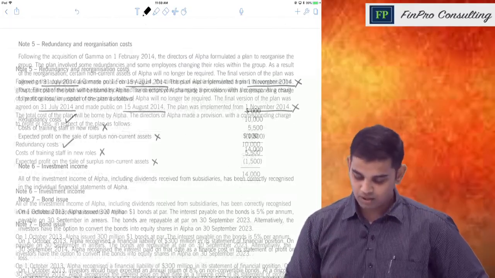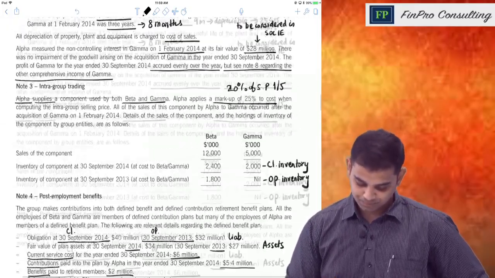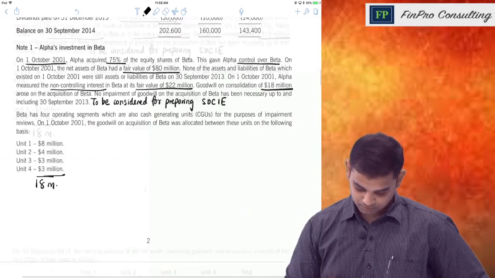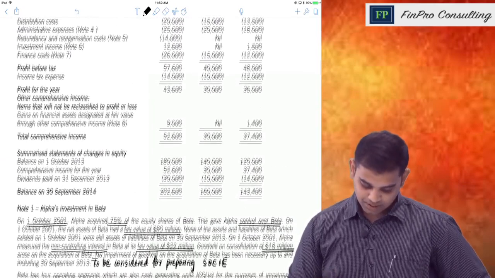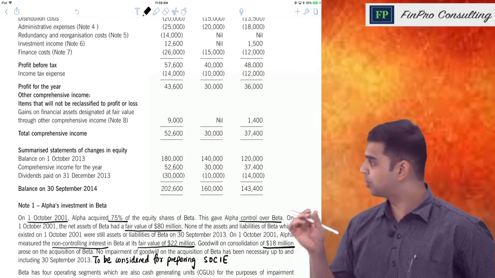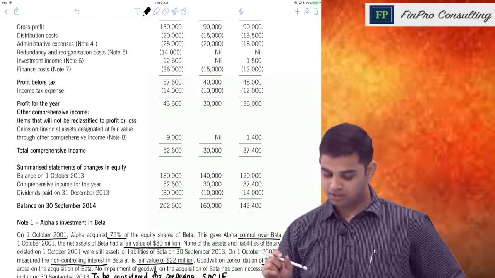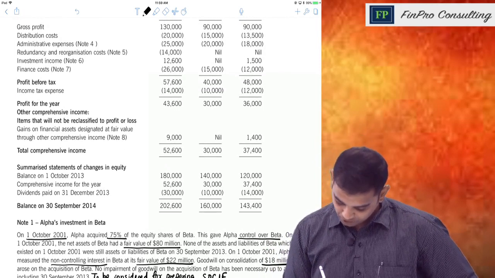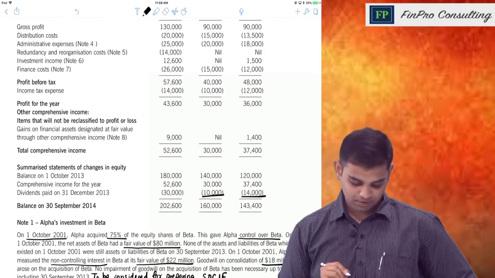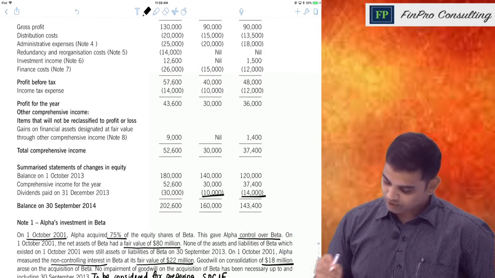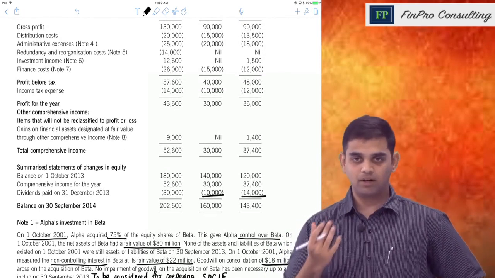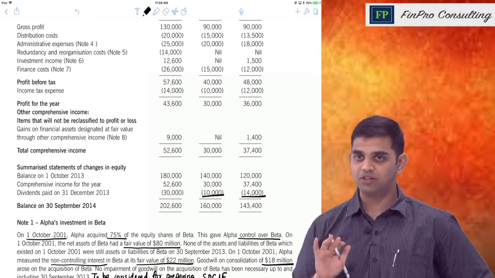Okay. Now, if you just go to the statement of changes in equity, you will come to know that dividends are paid. So Beta has paid a dividend of 10,000 and Gamma has paid a dividend of 14,000. Right. Now, of 10,000, our share will be 75%, which is 7,500.